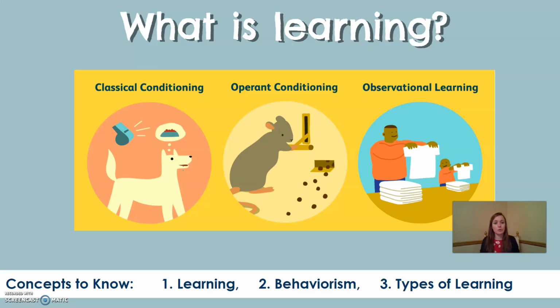That's the type of learning that we're referring to, acquiring behaviors. And so behaviorism is a realm of psychology that is focused on observable actions and behaviors that you can see and record. There are three types of learning on the screen, and as I said, in this particular video, we will focus on classical conditioning.